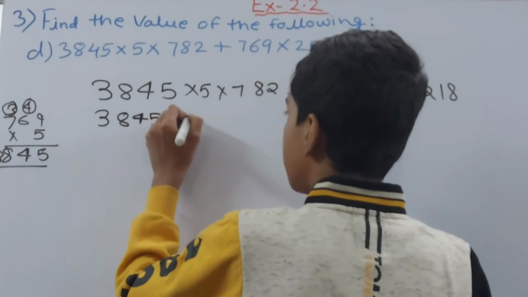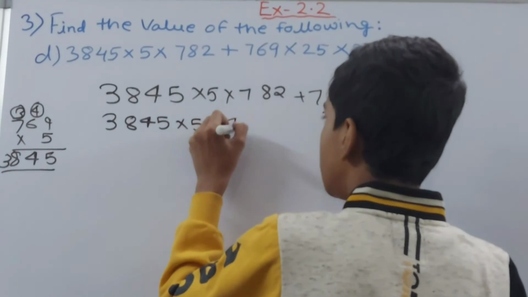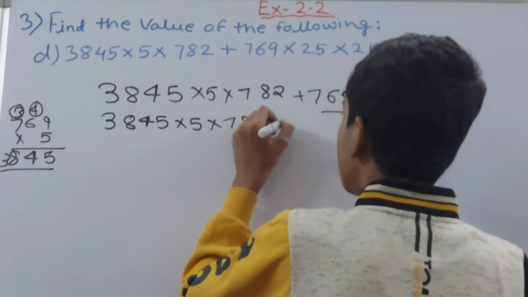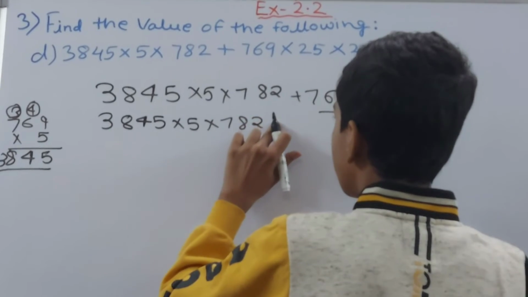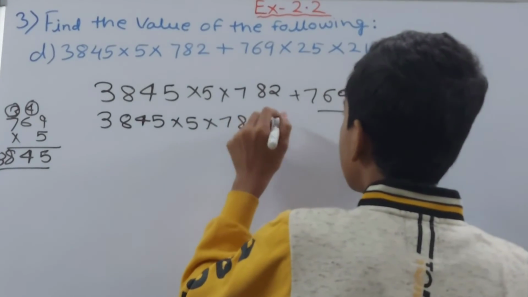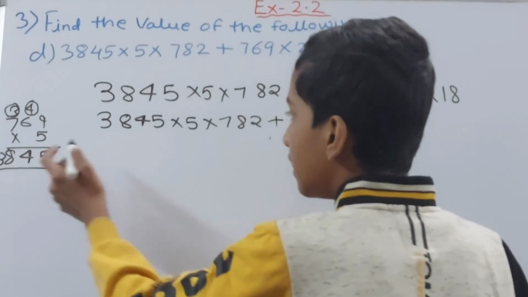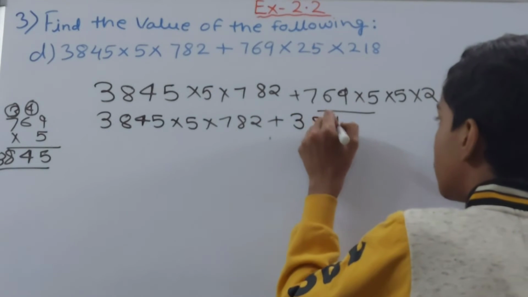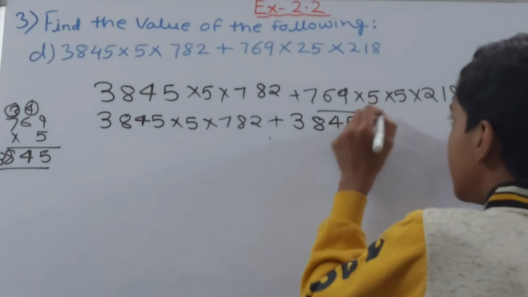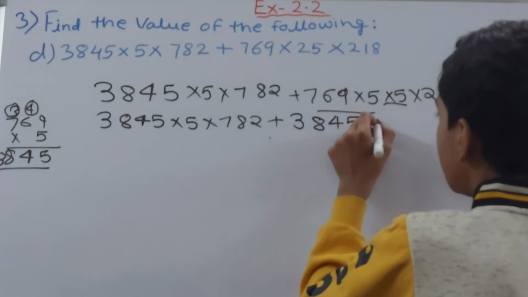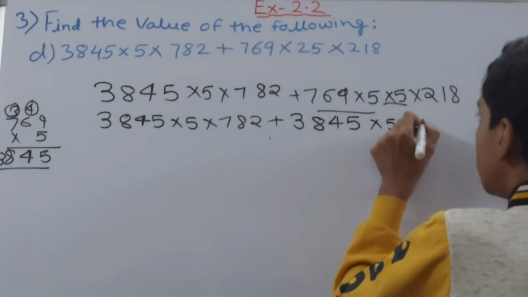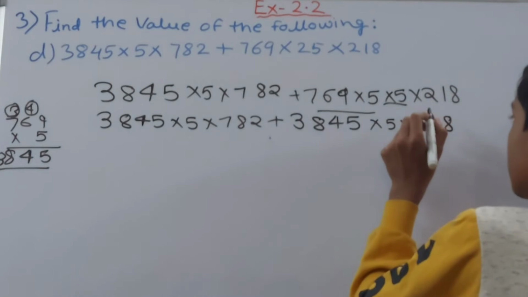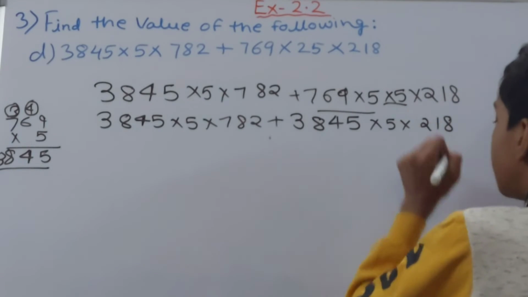3845 into 5 into 782 plus, over here we have a plus sign, so plus. Here we will write 3845 of these two, 38, 4 and 5. Then we will have this 5 left into 5 and into 218.